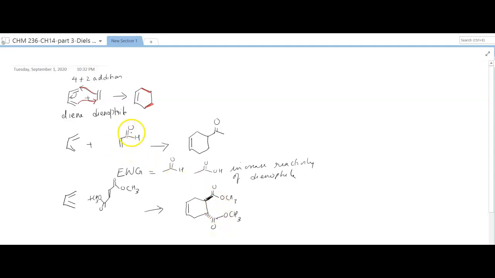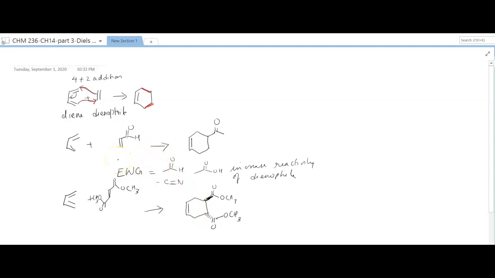So substituents which contain carbonyl groups, like an aldehyde or carboxylic acid, or there is another one we can add, which is a cyanide, are electron withdrawing groups, and they activate the dienophile more towards cycloaddition.